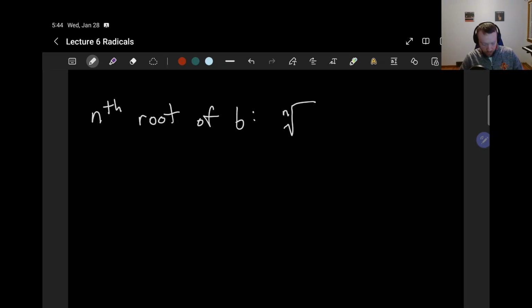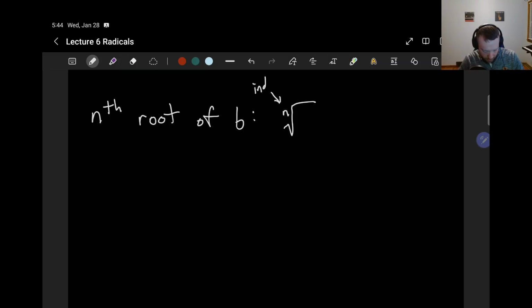Radicals. Well, these are roots. You may have heard of it that way before. Let's talk about the nth root of some number b. It's this funny bracket looking sign. And I'm going to put a little n there.